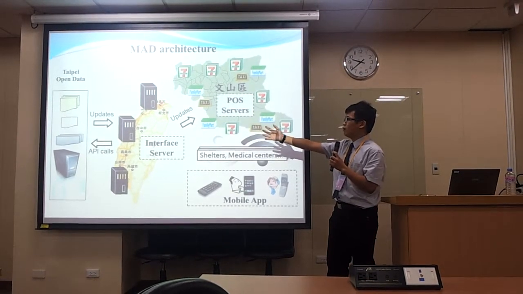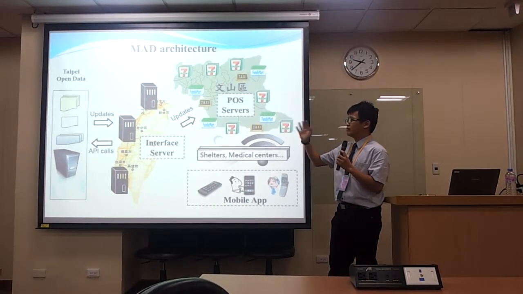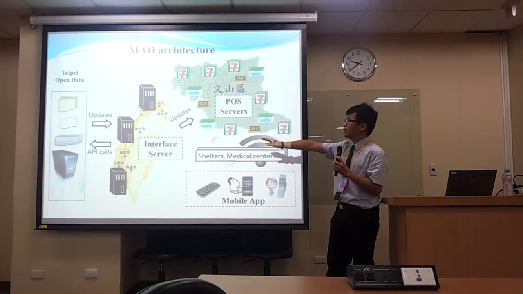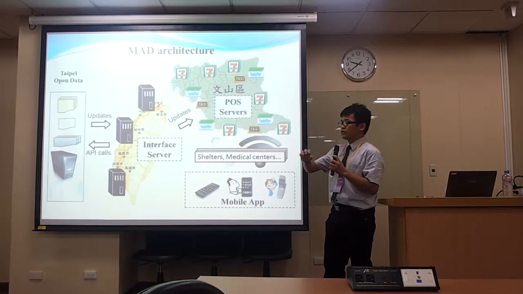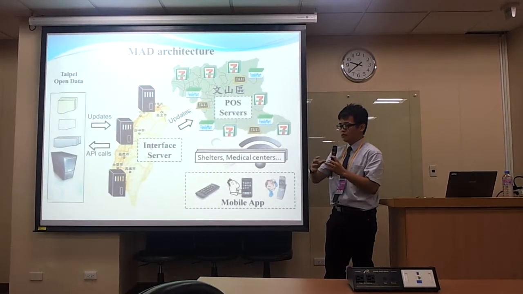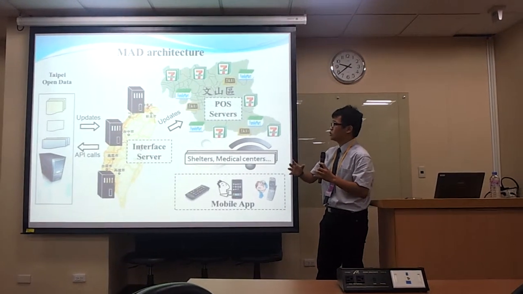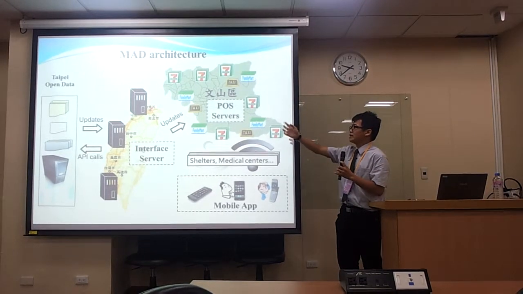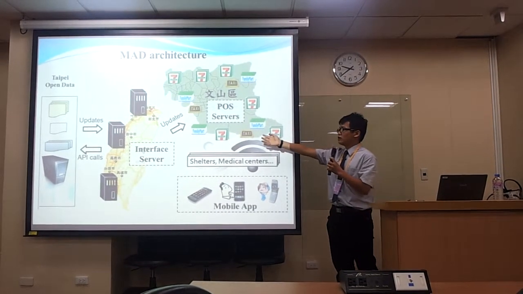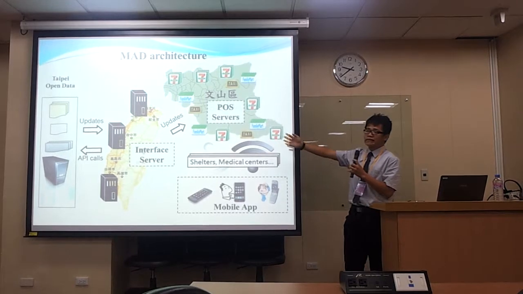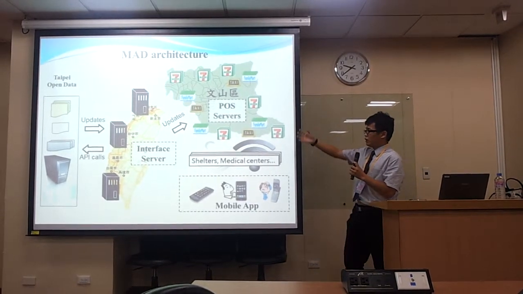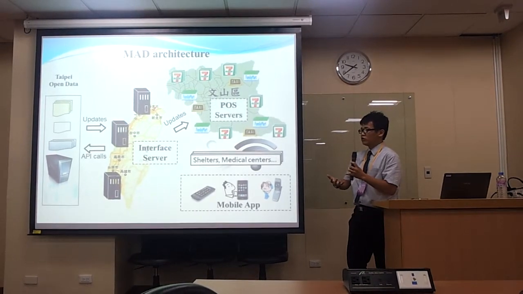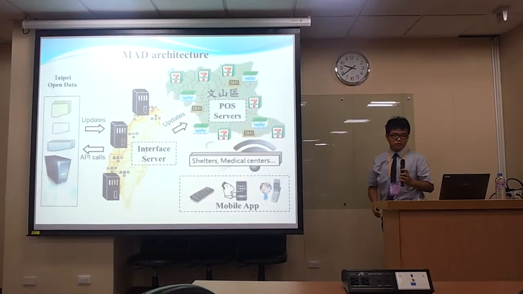The open data will be stored in the central server, called the Internet server, and it will be distributed according to the position of the information to many local servers like 7-Eleven, Family Mart, or taxis. That's called the POS server. The POS server will send information to your mobile device and guide you to where the shelter is.